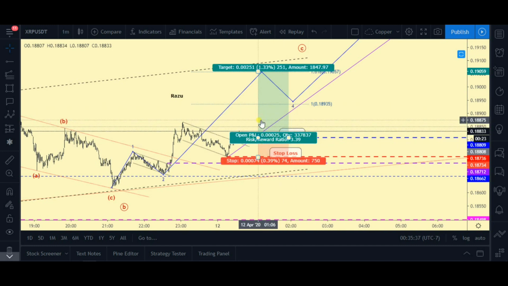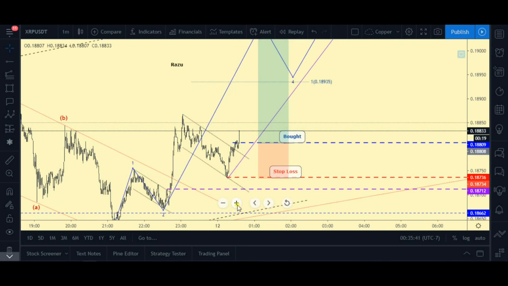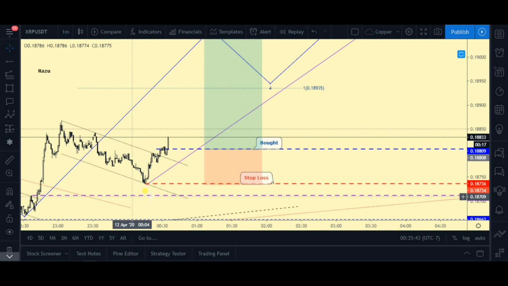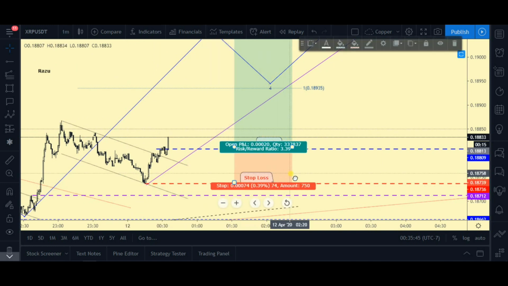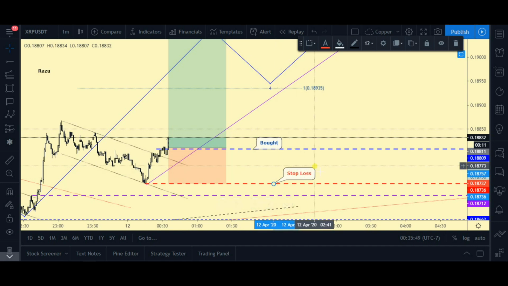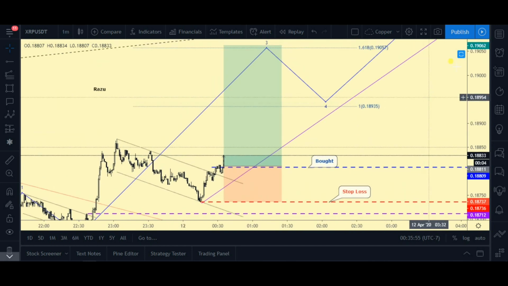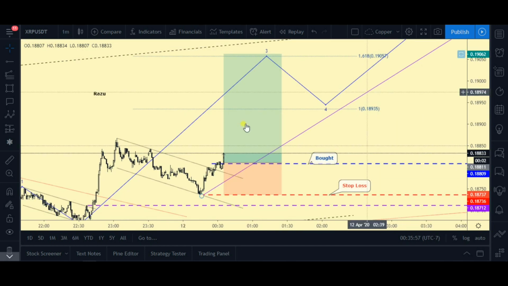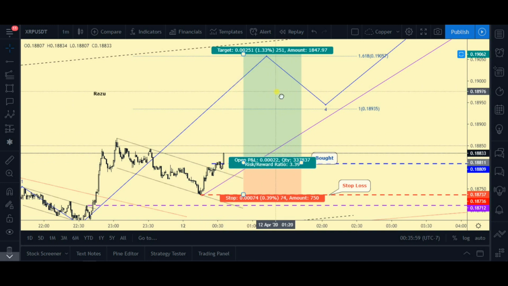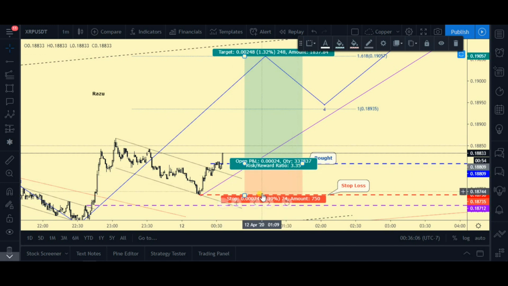So if the price falls below this level, I will implement this stop loss plan. I will lose $1 and exit the trade. But if my trade works accordingly and the price goes up to here, I will earn $3.39, so $3.35.